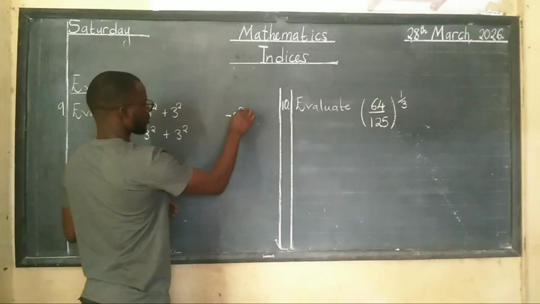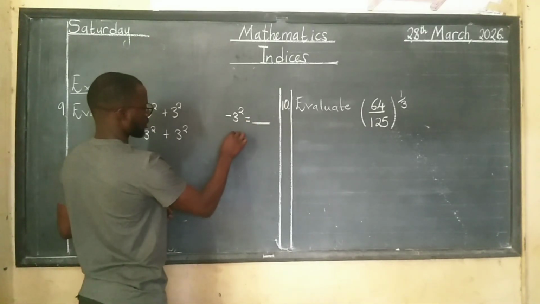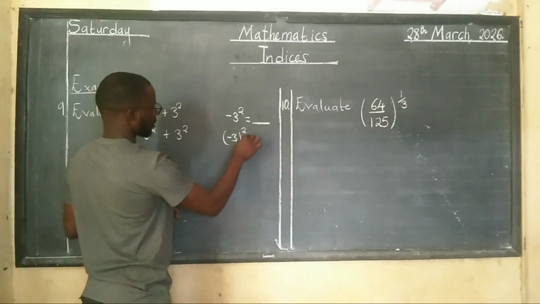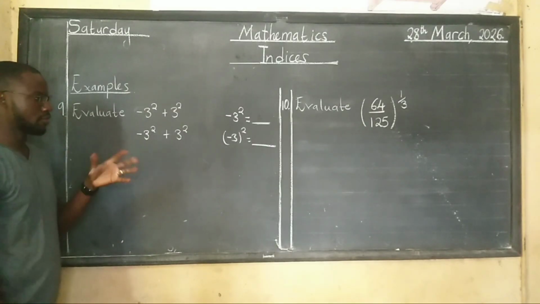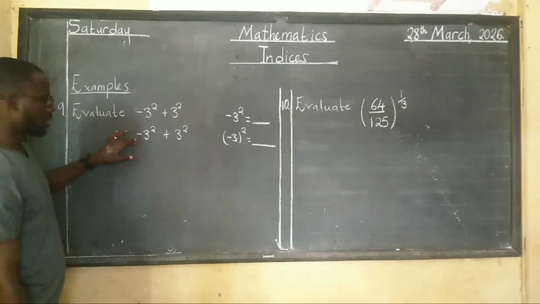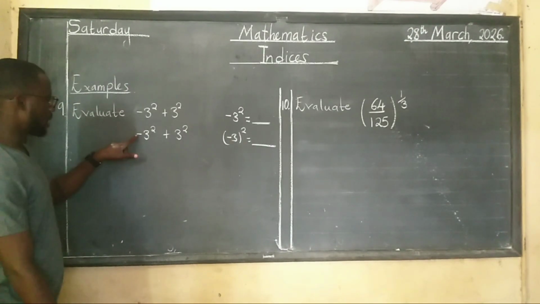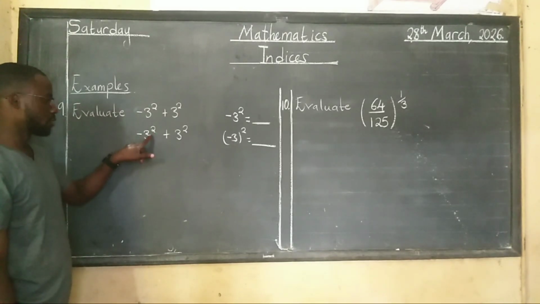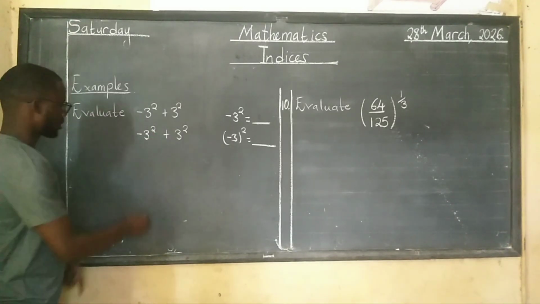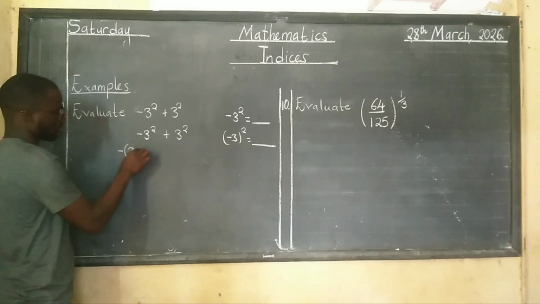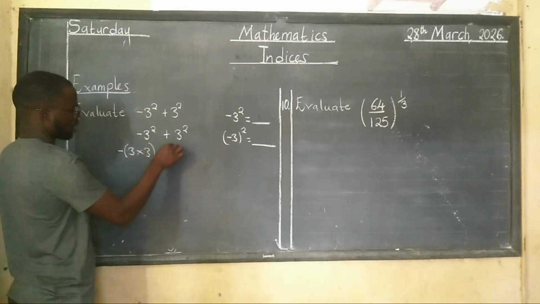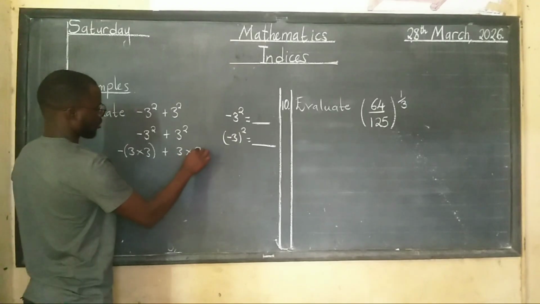Minus 3 squared, and this. You notice that it gives different answers. But in this situation, what I'm trying to show you is that the minus is not affected by the square. So this is like 3 by 3. The minus is outside, and then I have 3 by 3.